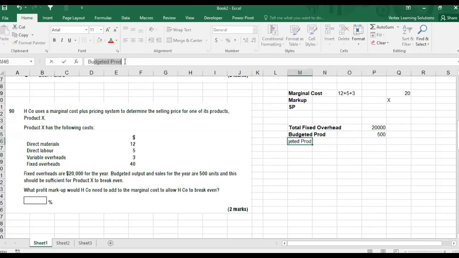It means that your budgeted fixed overhead per unit is going to be 20,000 divided by 500.